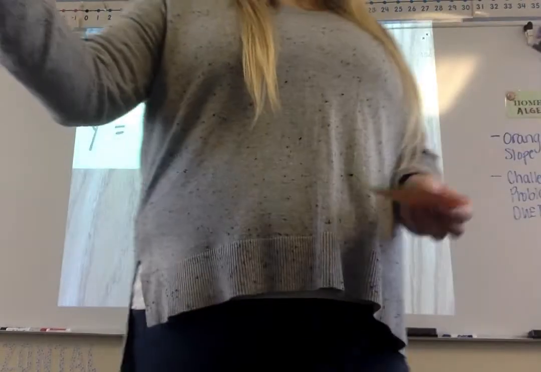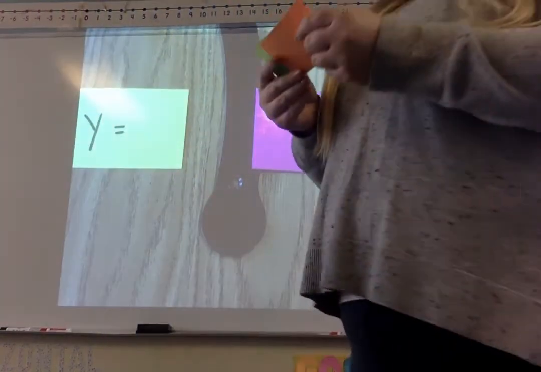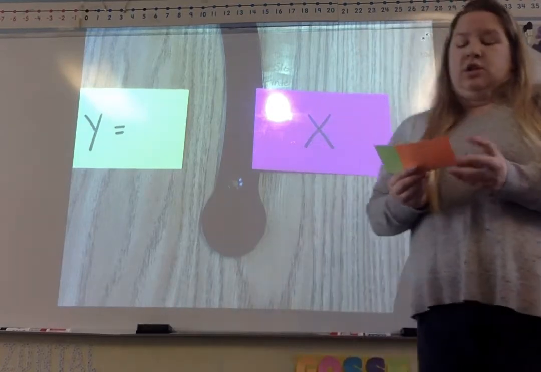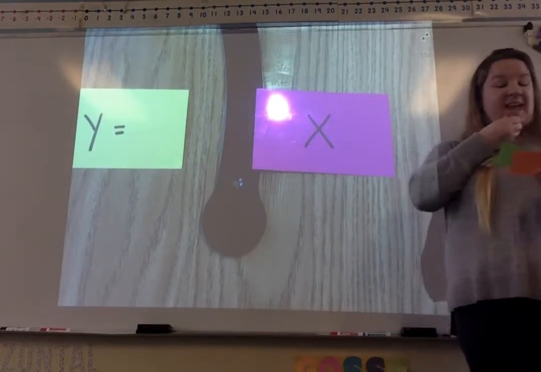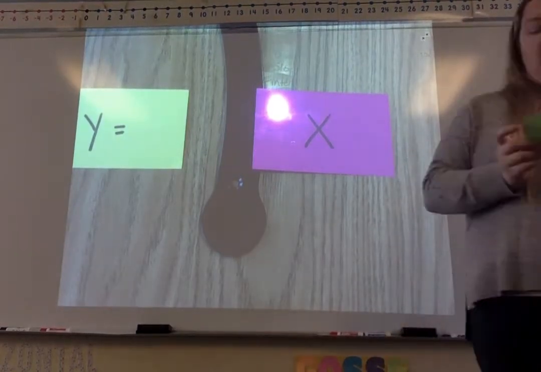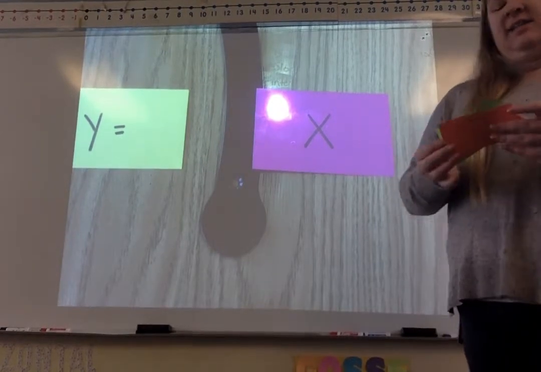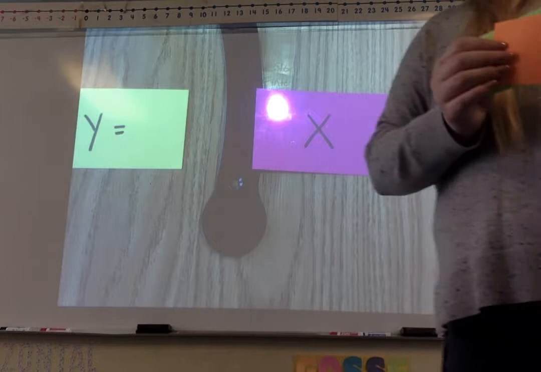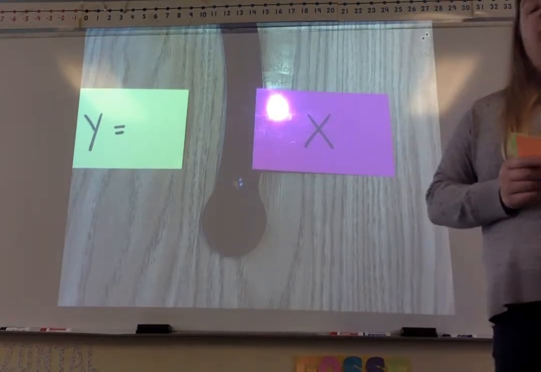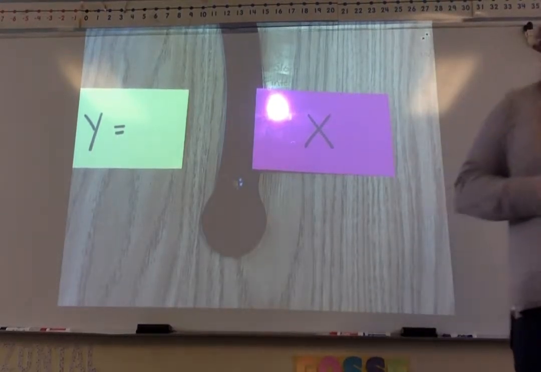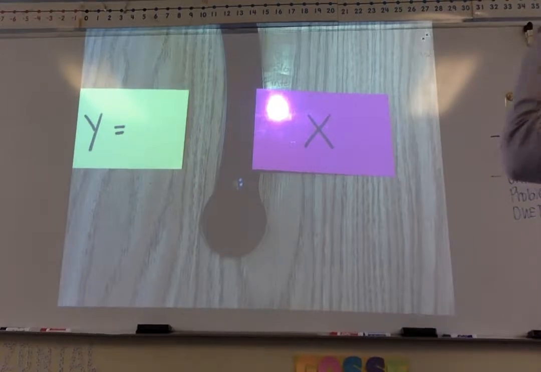Good. All right. New orange and green cards. Your new equation has a slope of 1/2 and a y-intercept of 0. 1/2 is the slope, 0 is the y-intercept.